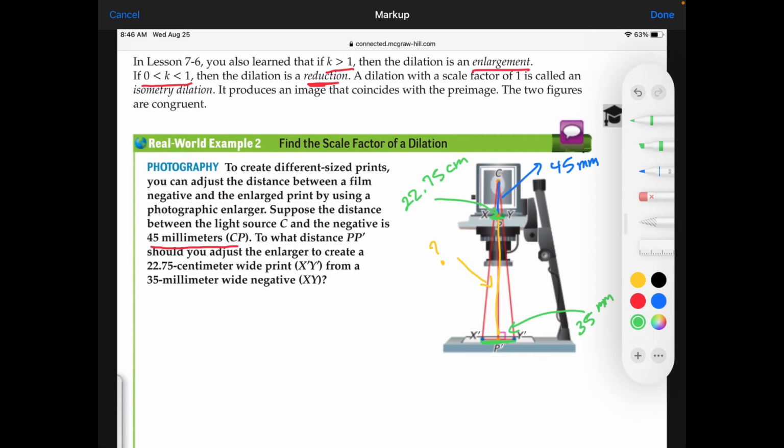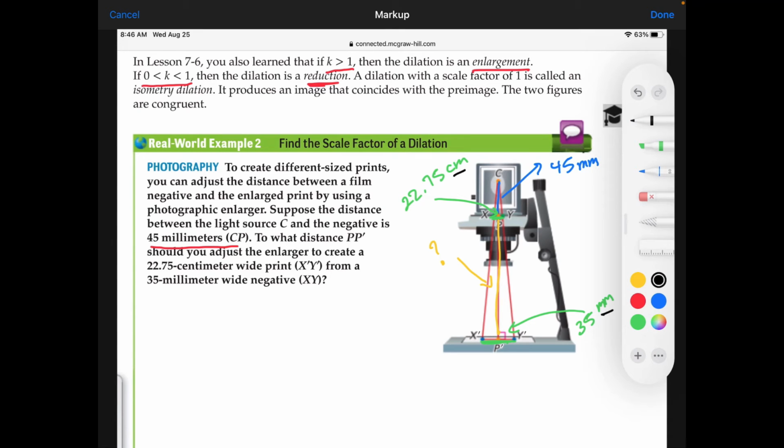Well, what we're going to do here is try to find the scale factor that is being used. And we can compare two things in particular. We know where we are starting from, 22.75 centimeters, and we know where we want to go. We want to make it 35 millimeters in length. So we have two different measurements, right? We have centimeters and we have millimeters.